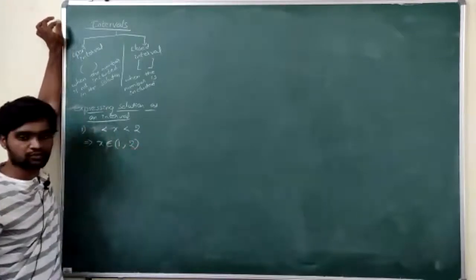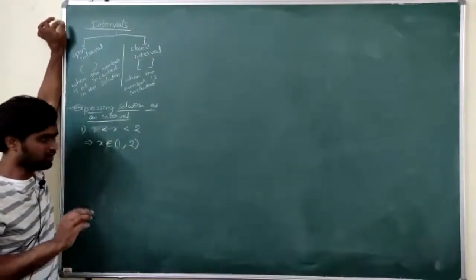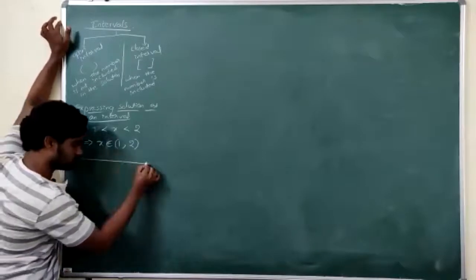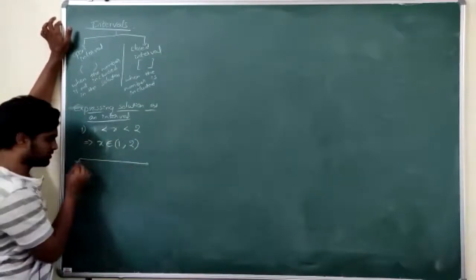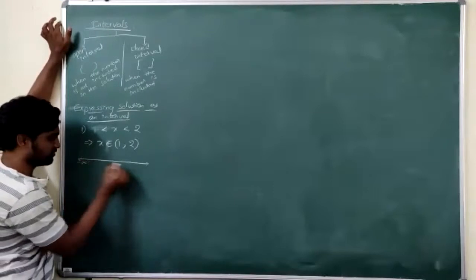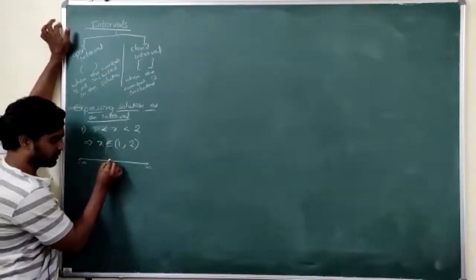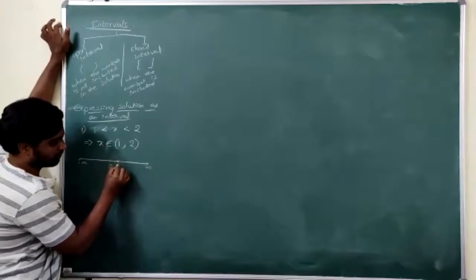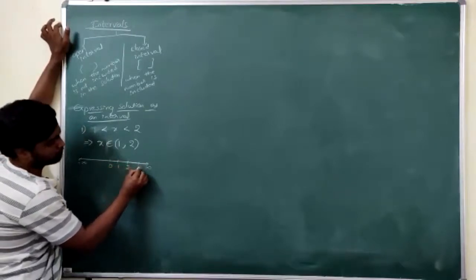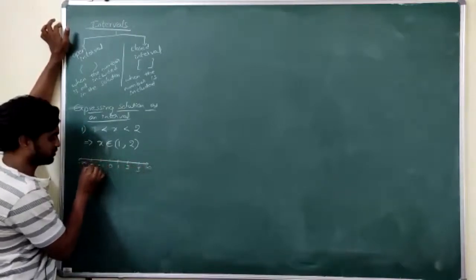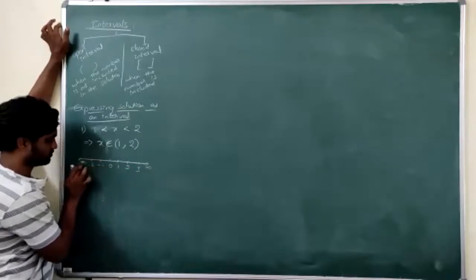So, open again. See, on the real number line there are many numbers. Here it ends with minus infinity, and here it ends with plus infinity. 0, 1, 2, 3, minus 1, minus 2, and so on.